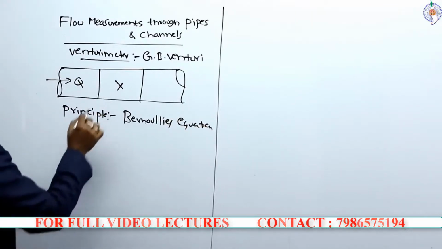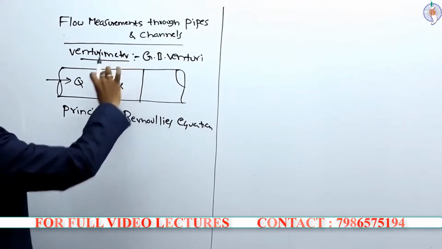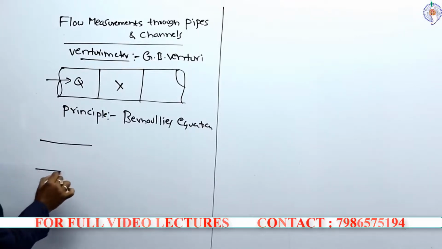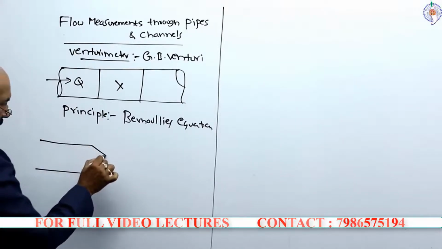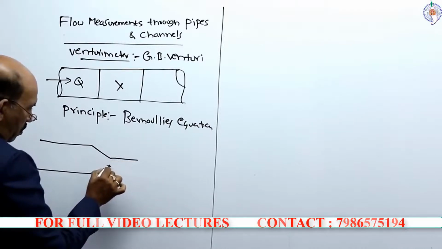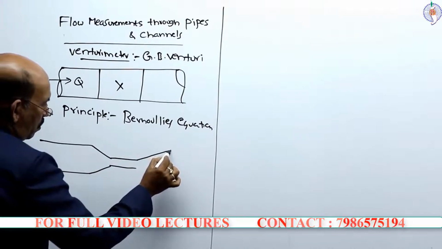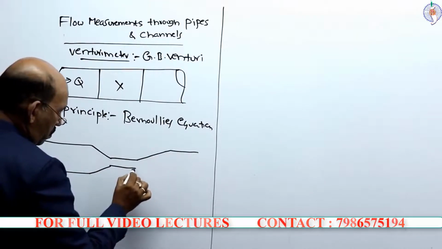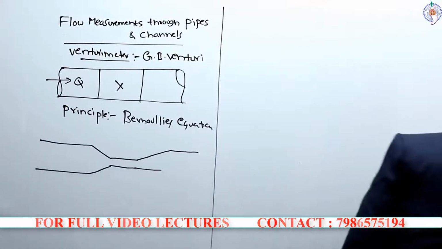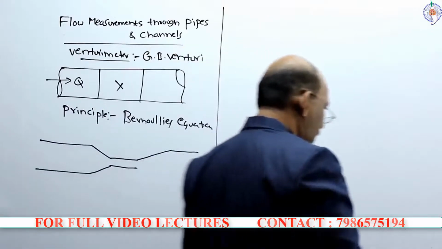Now you can see, as I said here, the venturi meter you are going to fix here. Let us take this is the pipe, and a venturi meter is like this. So this is the venturi meter.